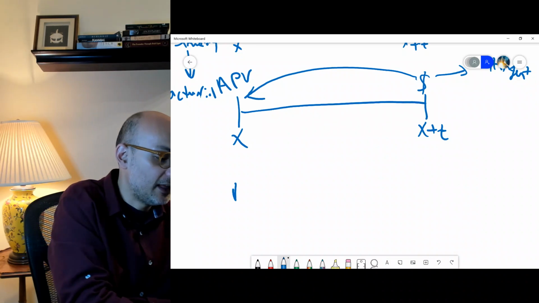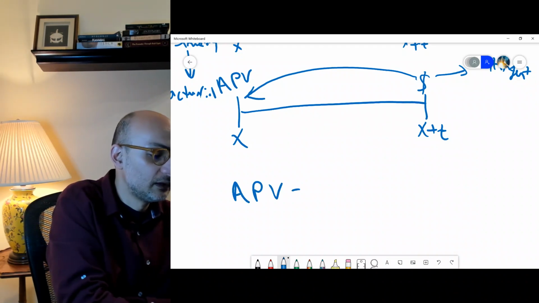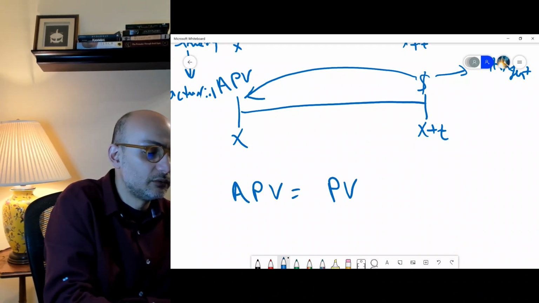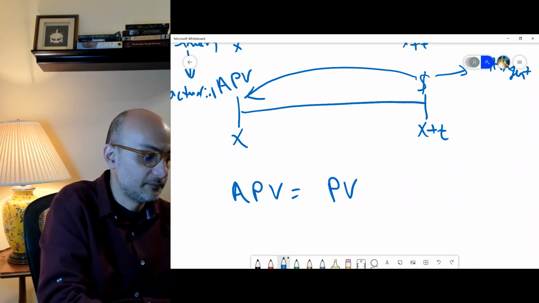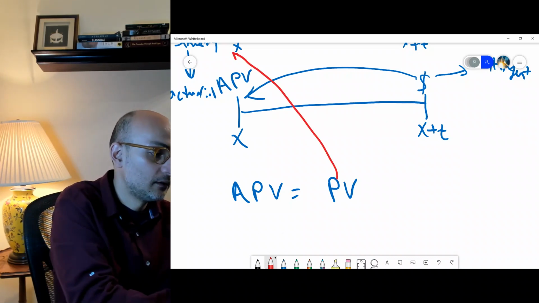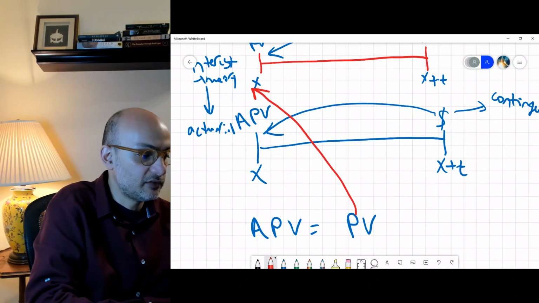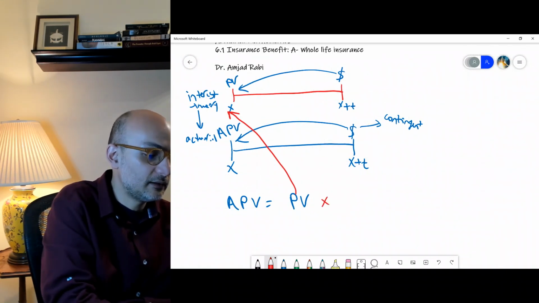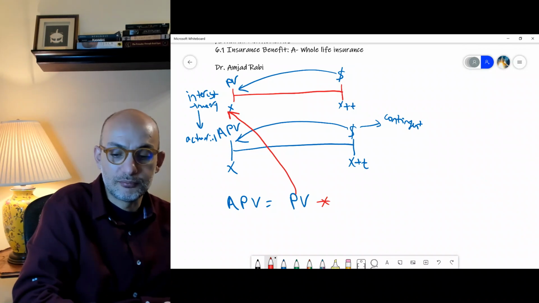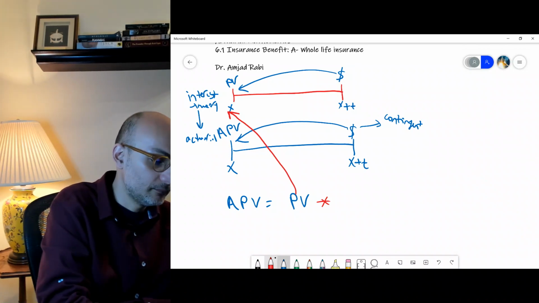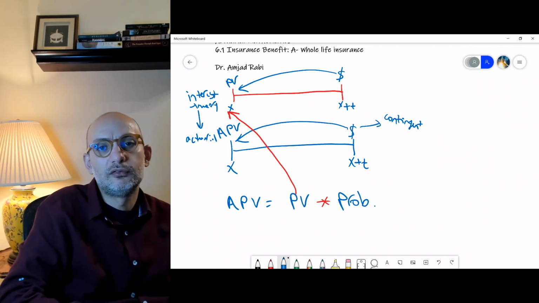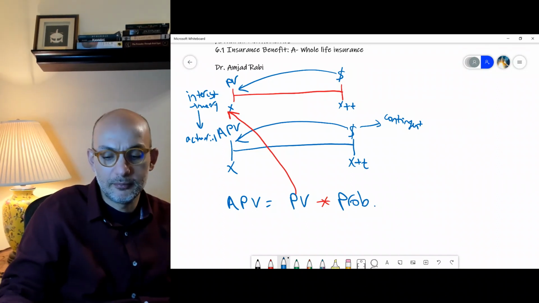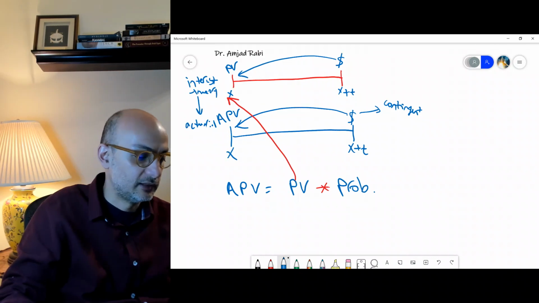For the actuarial present value, you take the present value from interest theory, the same present value, and then you multiply it, and this is very important, with a probability of the event that we are making our payment contingent on.